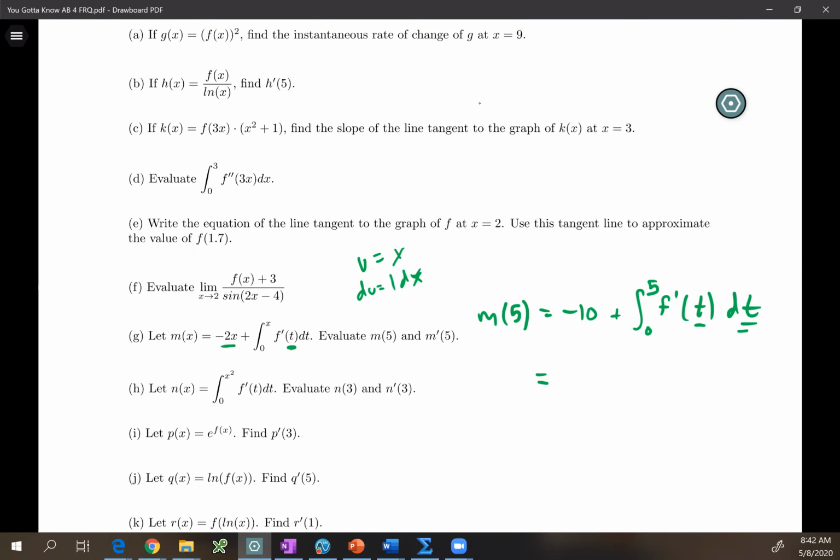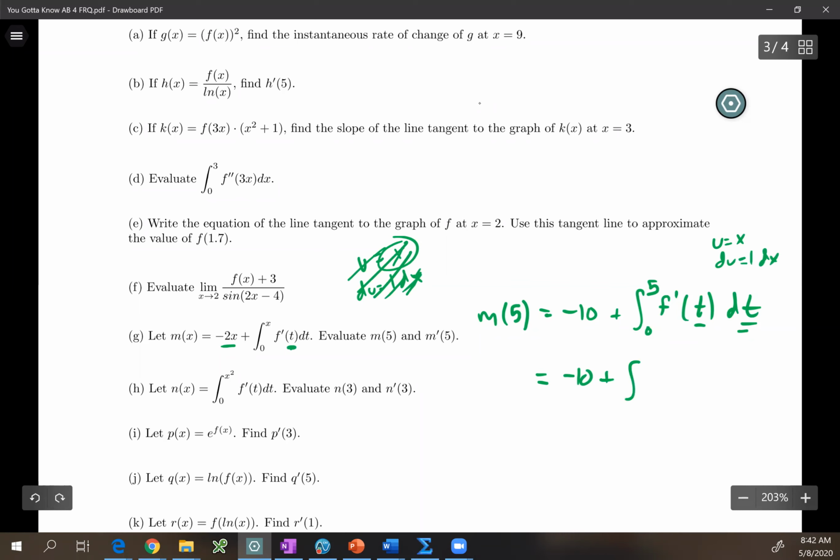And this is especially true if it's just x, right? It doesn't matter if this variable is t, x, w, or z, whatever it is, because it's just one single letter. So if we made u equal to x and du equal to 1 dx, this now becomes negative 10 plus, and we are going to plug in our endpoints, right? When we plug in 5 to x, we still get 5.